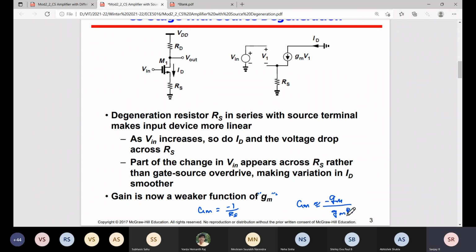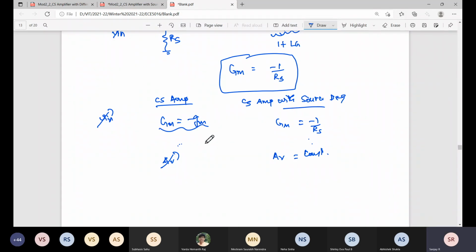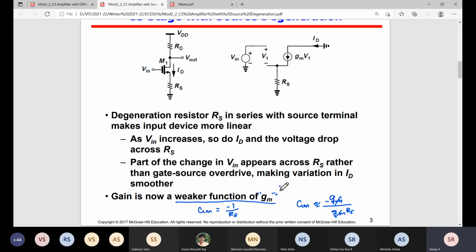Any variation in gm will be cancelled, and it finally becomes Rs. So it is a weaker function of gm, whereas in a common source amplifier, Gm is gm, a strong function. Here the gm effect is cancelled. Is it understandable?